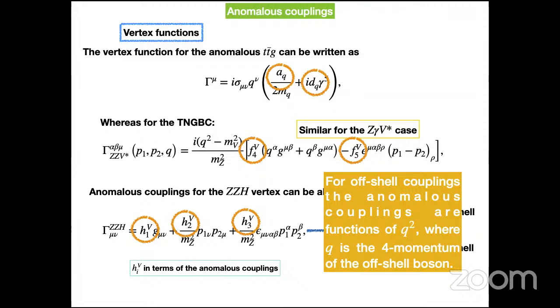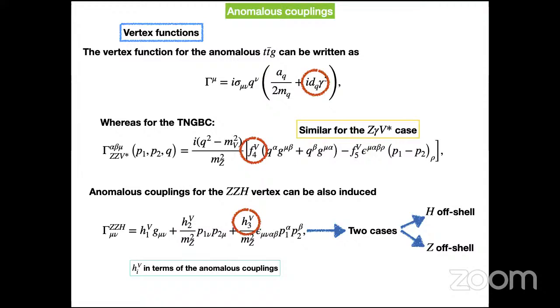Remember, Q is the four-momentum of the off-shell boson, and this is very interesting because, for example, in QED the magnetic dipole moment is a constant. It is not a function of any momentum, right?